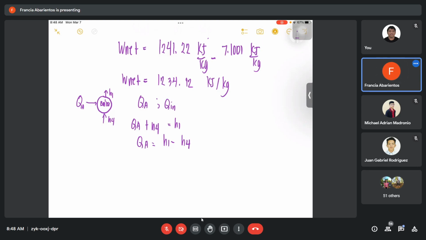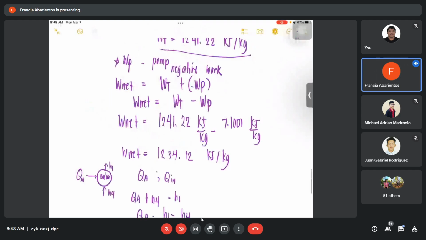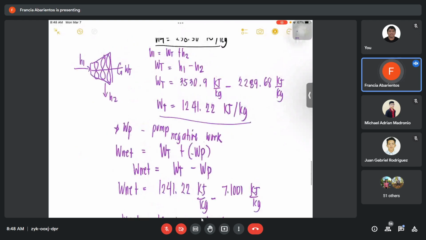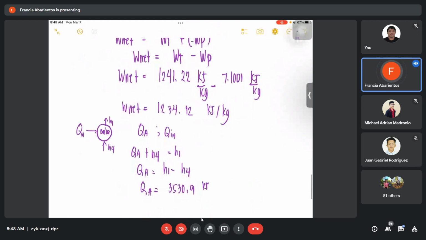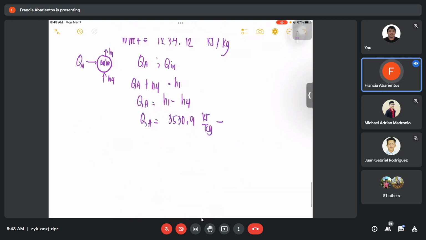we have now the QA, H1, ito, 3530.9 kilojoule minus H4, 258.5 kilojoule per kilogram. So we have now the heat addition.